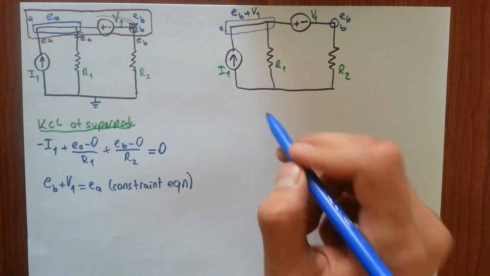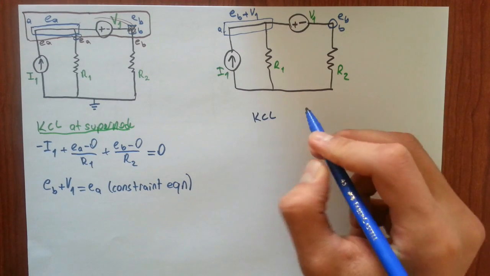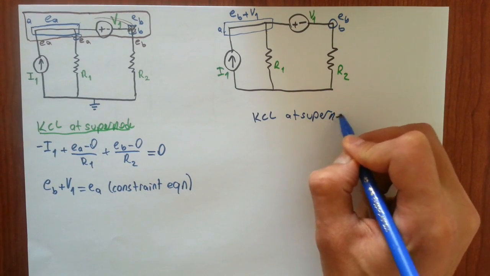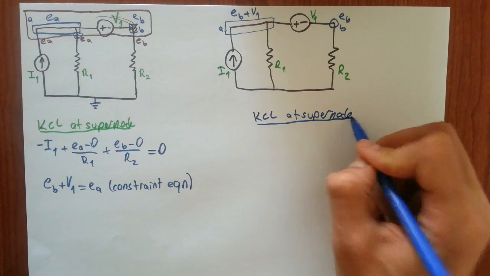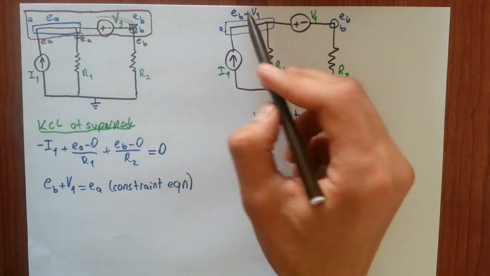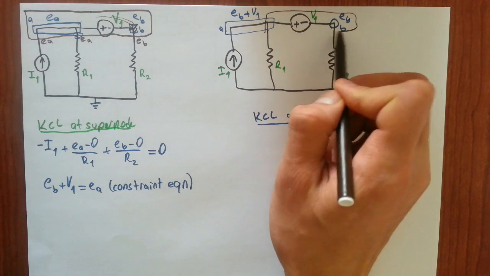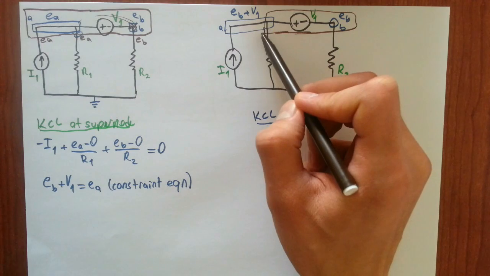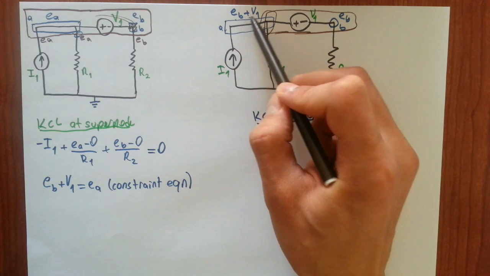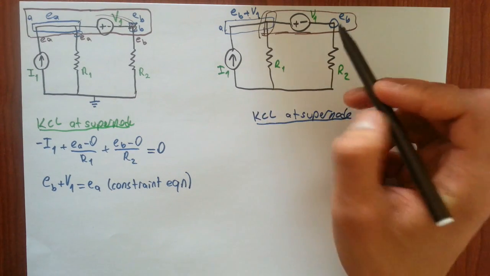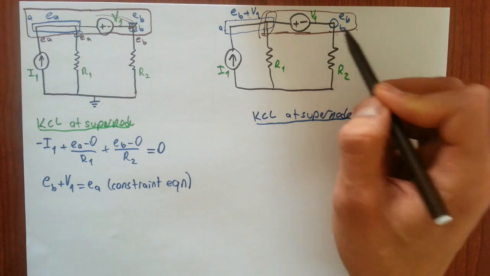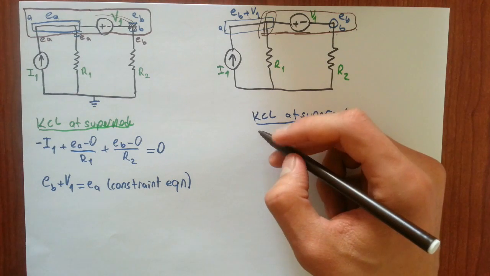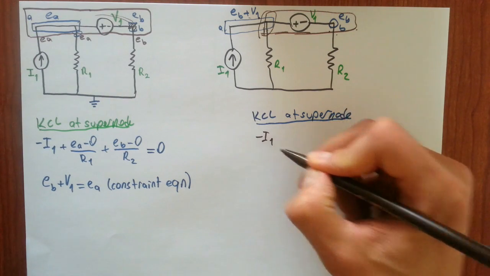So let's apply KCL at the supernode again, and we have a supernode like this, and one terminal has a node voltage of EB plus V1, and one terminal has a node voltage of EB. Okay, I1 is entering the supernode, so that's minus I1.